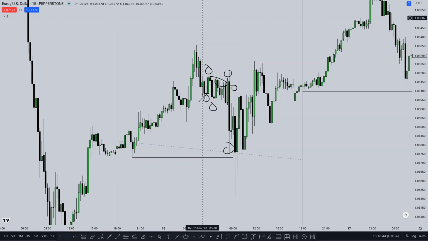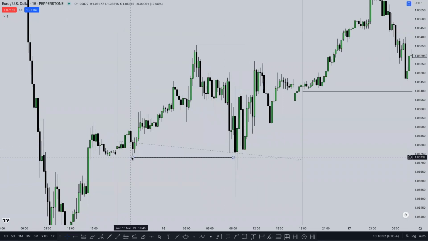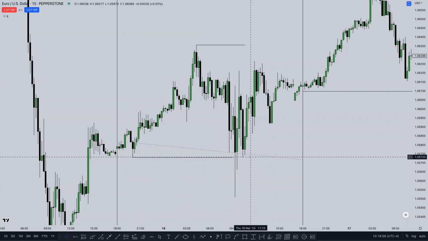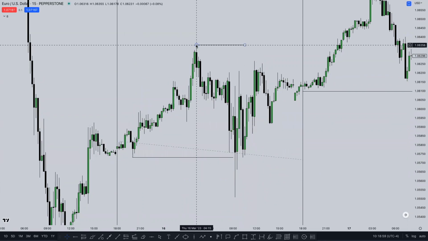That's your defined range. That's your large scale consolidation. So if you're looking for, in this case, an up move, you're looking for the Asian low to go, and then for price to do your typical entry model stuff and go up, targeting the London high.